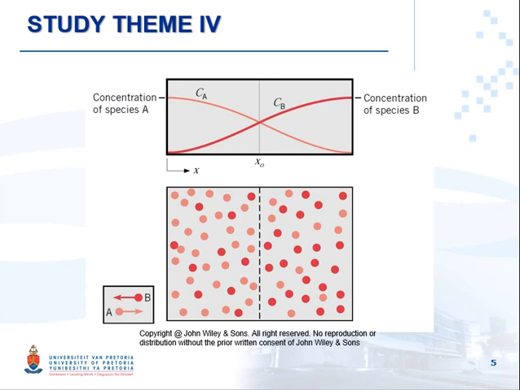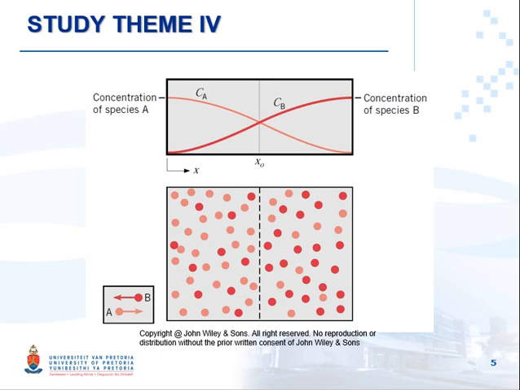We know that heat is transferred if there is a temperature difference in a medium. So we can say that the driving force of heat transfer is a temperature difference. Similarly, we can say that if there is a difference in the concentration of some chemical species in a mixture, mass transfer will occur.